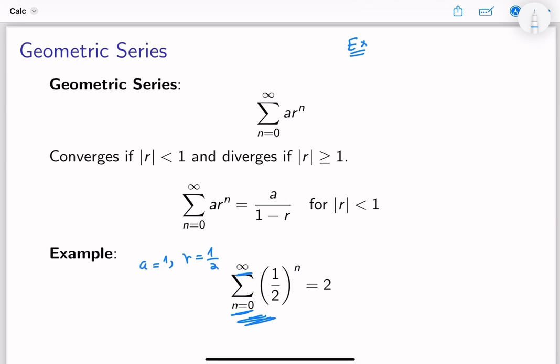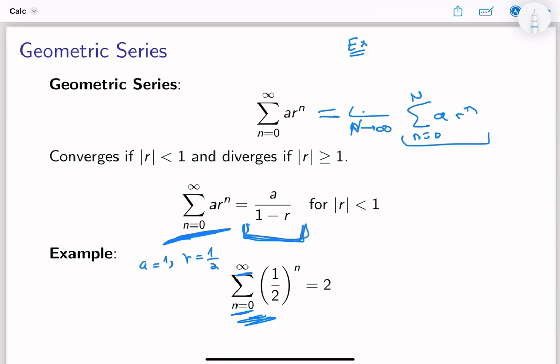Now, one very interesting property about this series is that you can write the sum of all of its terms as a single number. You can find the limit in a compact form, because remember this is equal to the limit as N tends to infinity of the sum from n equals 0 to N of a r to the n.